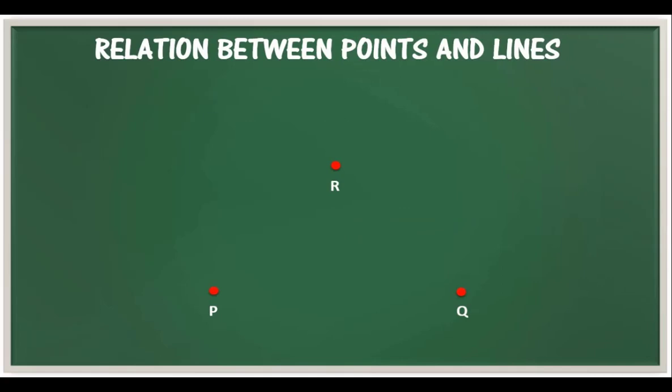Such as here you can see three points, point P, Q and R. The points P and Q lie on the line AB, but R doesn't lie on the same line. Whereas points P and R lie on the line CD, but Q doesn't lie on the same line.